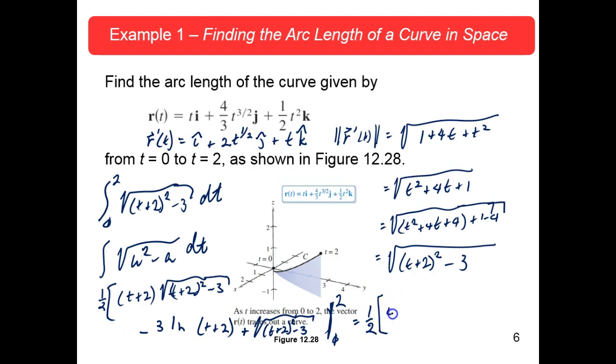So 2 plus 2 is 4, high level math today, times the square root of, that would be 2 plus 2 is 4, squared, it's 16, minus 3 is 15, square root of 15, minus 3 times the log of t plus 2, that would be 2 plus 2 is 4.